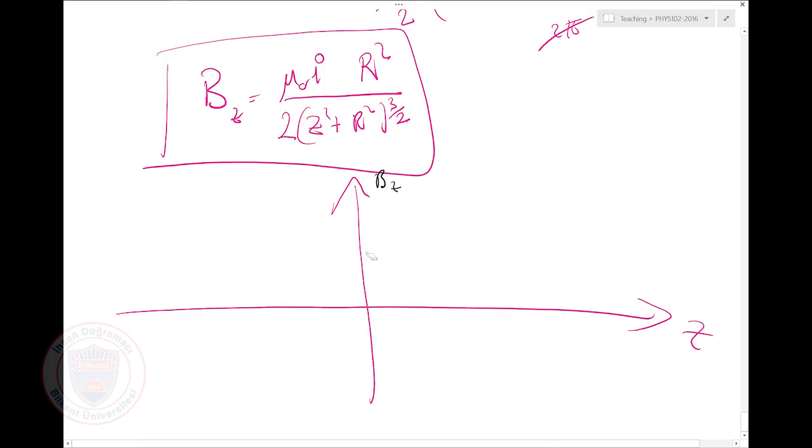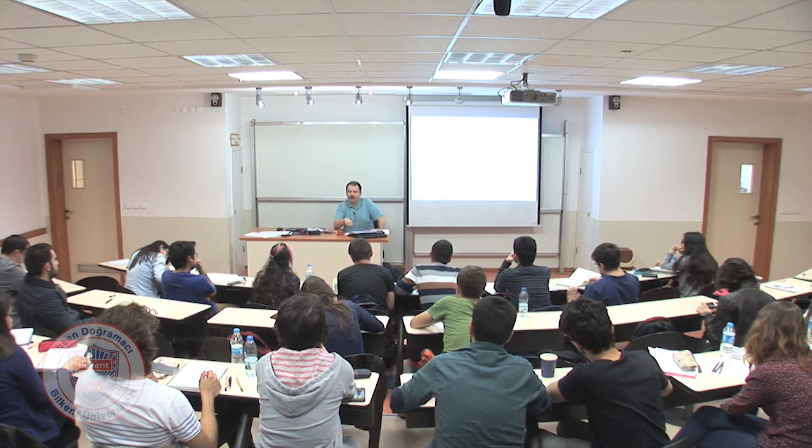And it's always in the same direction. It's always found by putting my 4 fingers onto the loop and my thumb points along the magnetic field direction. Right? Good. Any questions?